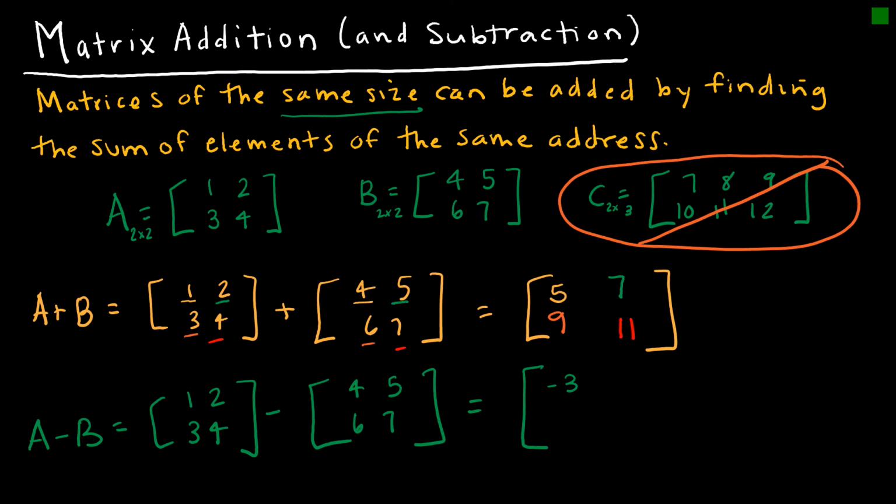With some of my other classes who have a hard time with subtracting and negatives or get them confused in their heads, you can always change that minus to a plus and change the sign of everything inside, and that's really up to you whether you want to subtract or add the opposite. So 1 plus -4 is -3, 2 plus -5 is -3, 3 plus -6 is -3, 4 plus -7 is -3.